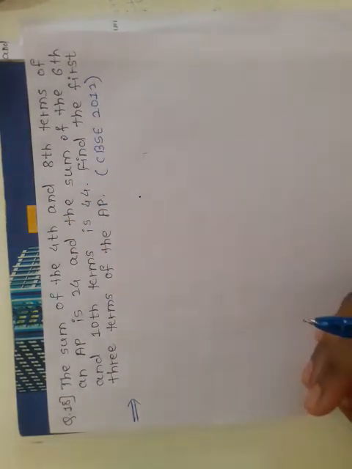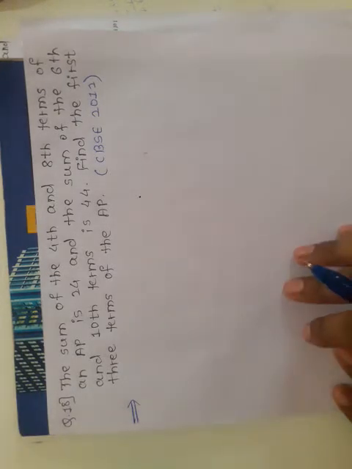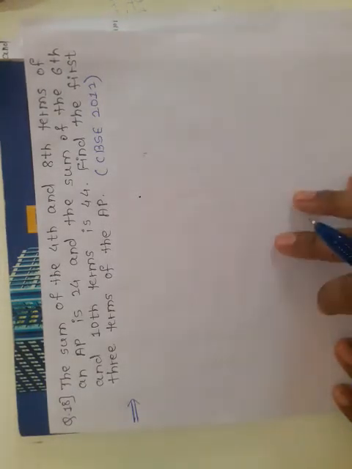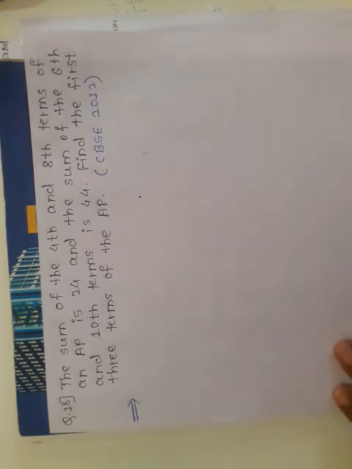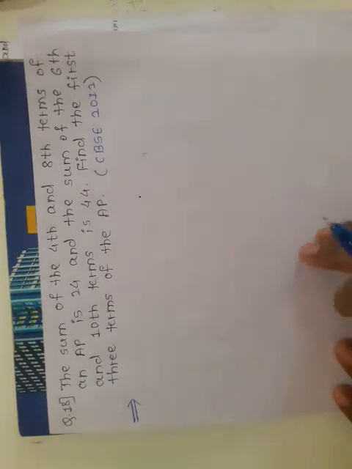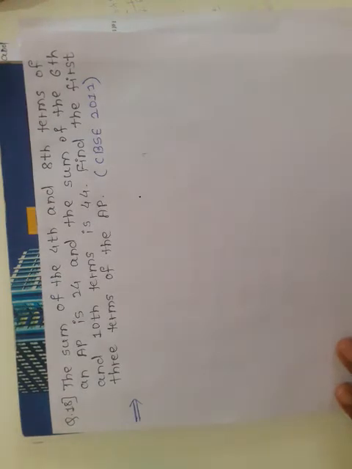Once we find out the first term and common difference, then we can easily find the rest. First term is known, then by adding common difference d to first term we get second term, and again by adding common difference d to second term we get third term.